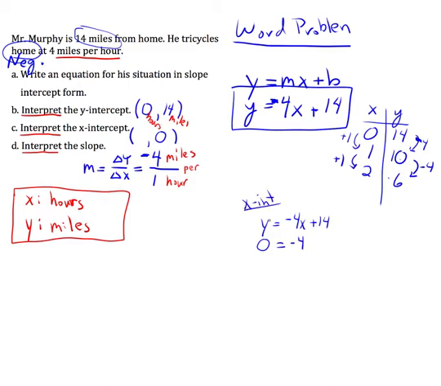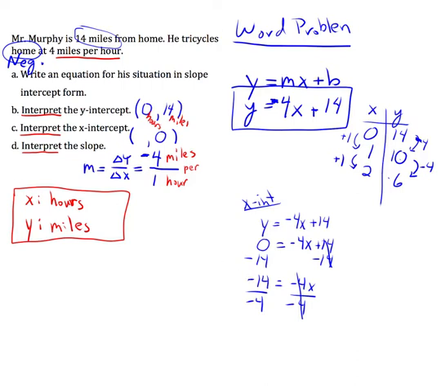So I'll write that there so I can show that I'm calculating my x-intercept right here. So we'll subtract 14 from both sides. The x-intercept takes a little bit longer because we're solving an equation rather than just putting 0 in for x. So we'll divide both sides by negative 4 to cancel that multiply by negative 4.